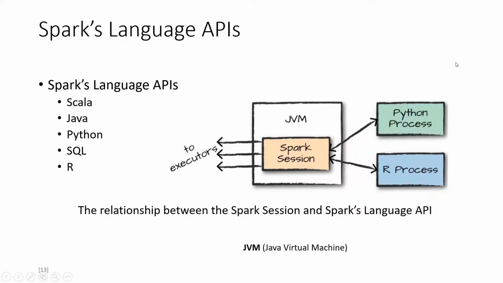Let's say that we write a program in Python, then this Python code is translated into something that can be executed on a Java virtual machine. Then that code is sent to the executors. This is done by the driver program, which is hidden from the users.